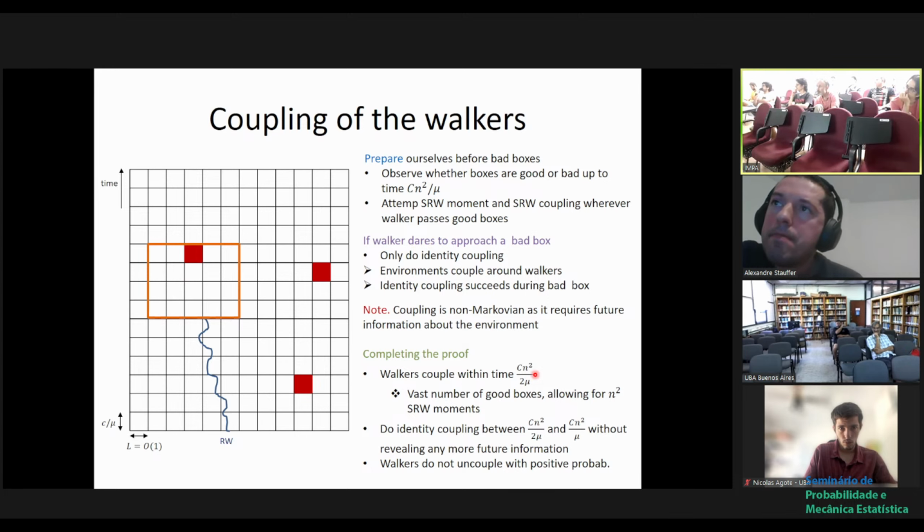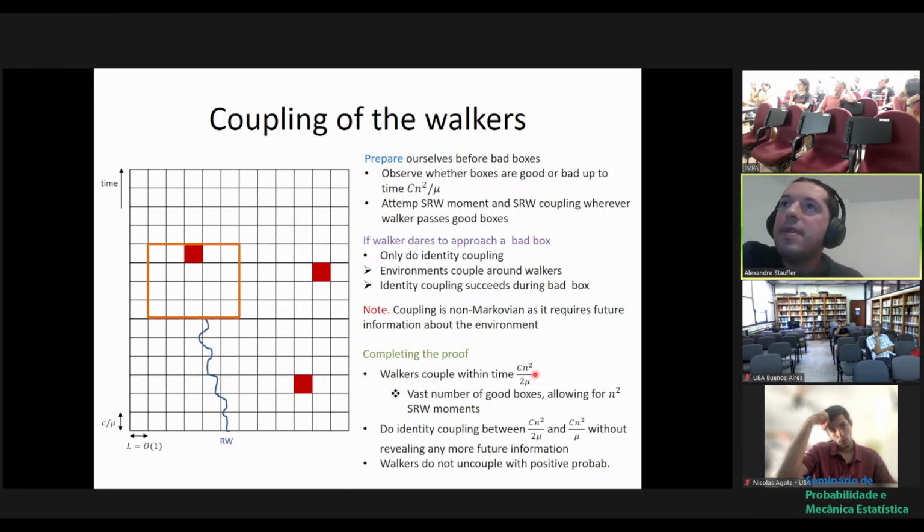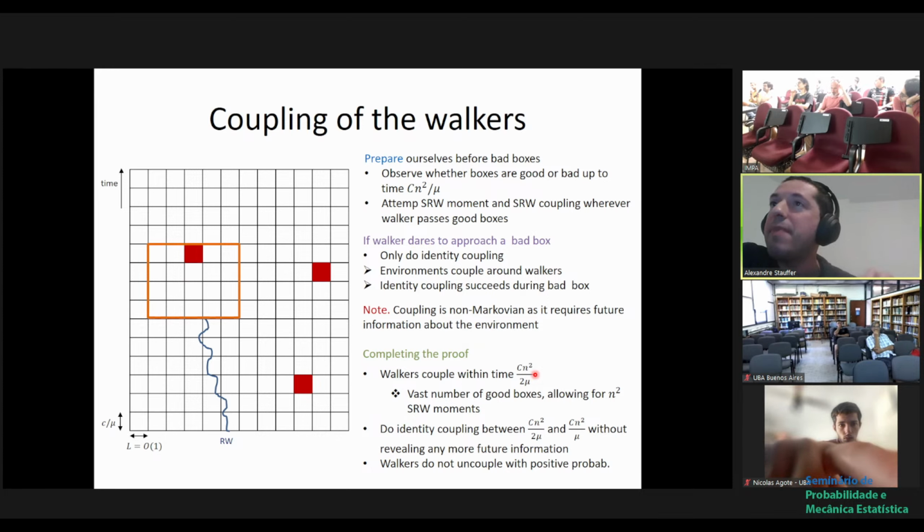So I have a question. In principle, the coupled particle environment is a Markov chain. So this question about mixing also makes sense for that couple, no? Can you say something about that? Yes, but that's exactly what we did, right? So we get the mixing time of the coupled environment and walker, which is Markov.